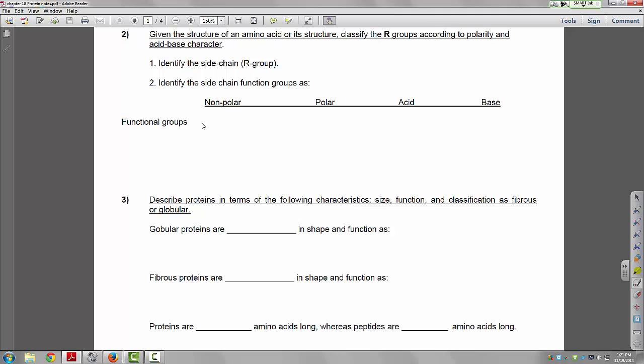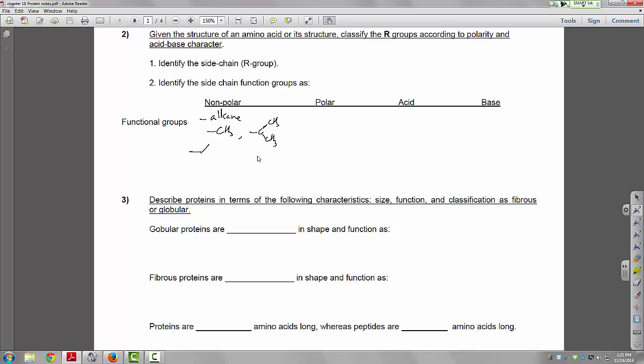Okay. For the side chain, there are 4 different classifications. It can be nonpolar, polar, acidic, or basic. The nonpolar ones could be just an alkane. It could be a methyl group, as in alanine. It could be an isopropyl group, such as you find in valine.